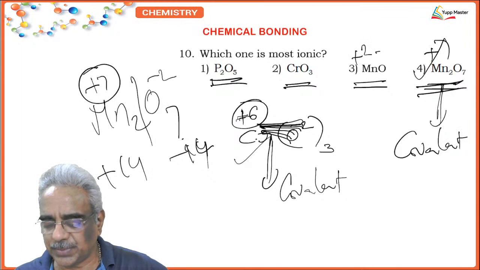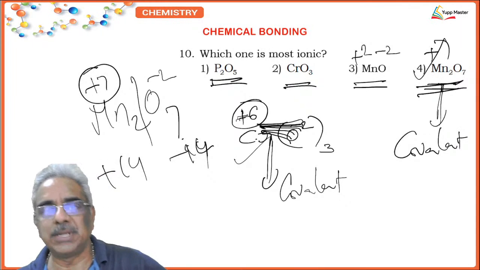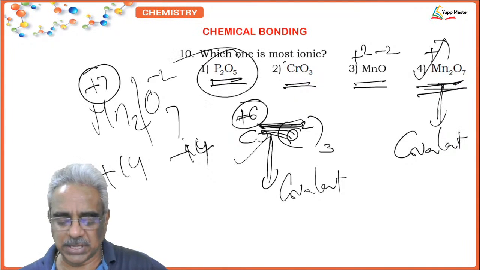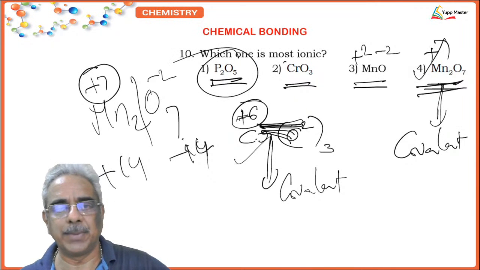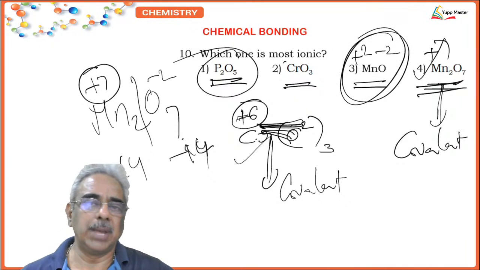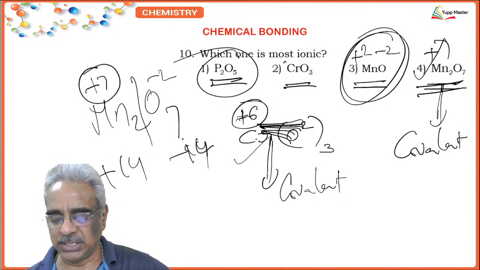This manganese is just +2. +2 manganese cannot polarize as good as +7 manganese, and like +6 chromium. And of course this is +5 phosphorus, and anyhow both are non-metals. So I think this is the best ionic compound, MnO. Low oxidation state on manganese, less polarizing.